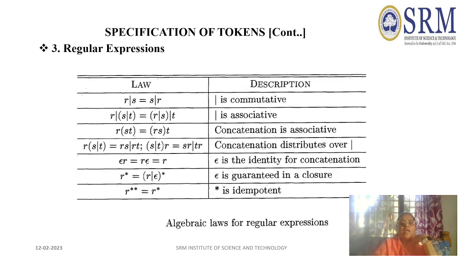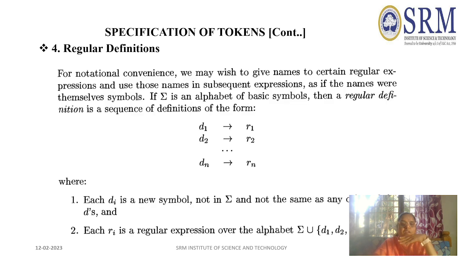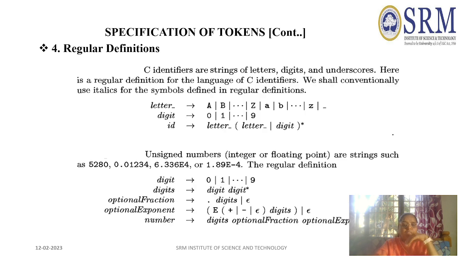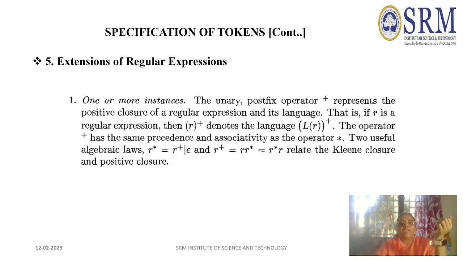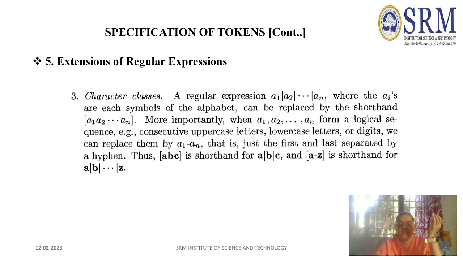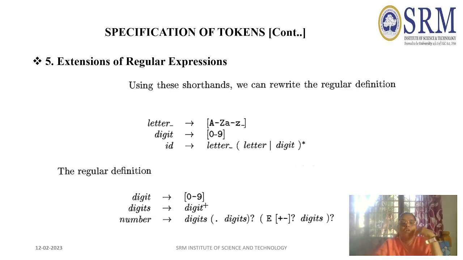And then algebraic laws for regular expression we have continued with. And finally, in the fourth topic, we have seen about the regular definitions. Every regular expression can be defined as regular definitions. Example of it we have seen. Then finally, the extensions of regular expression, 1 or more instances, 0 or more instances, character classes, and along with that example we have seen.